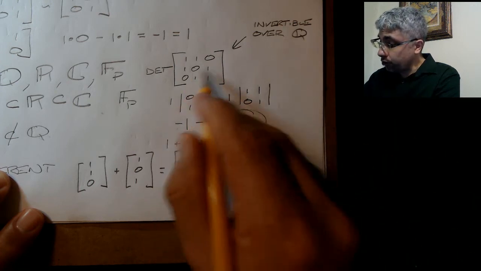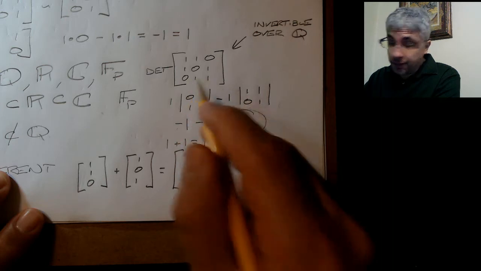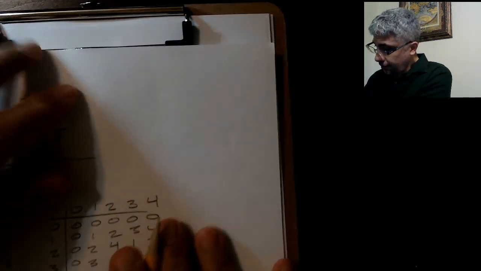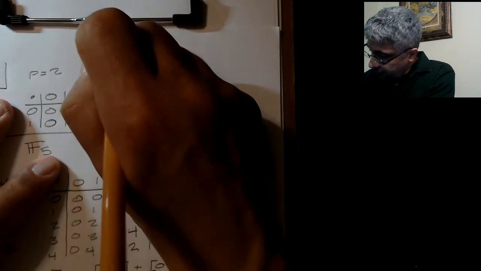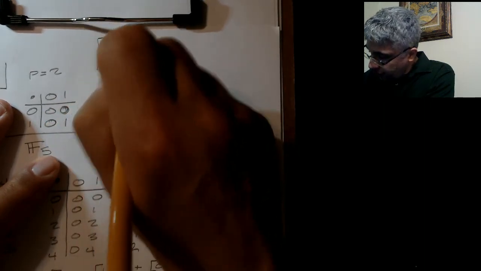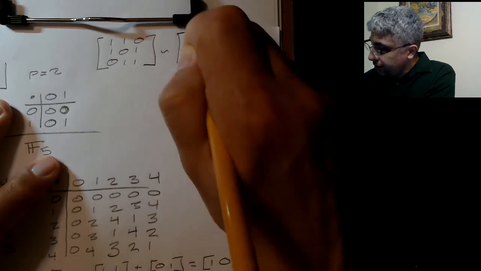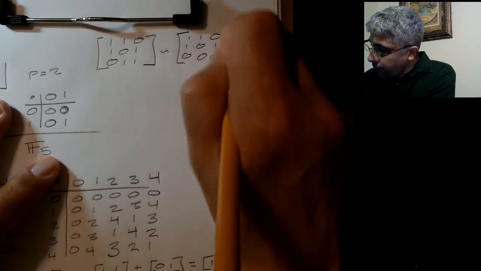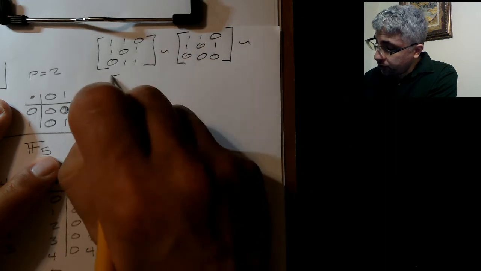If I tried to row reduce this matrix, that means I could get a row of zeros at the bottom, and I would just have the following, which is 1, 1, 0, 1, 0, 1, 0, 1, 1, and I row reduce. What I'm going to do is add row 1 to row 2.